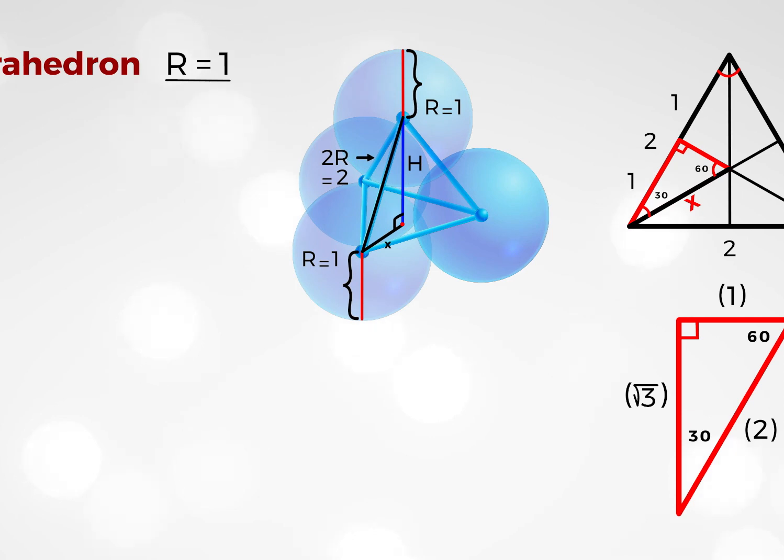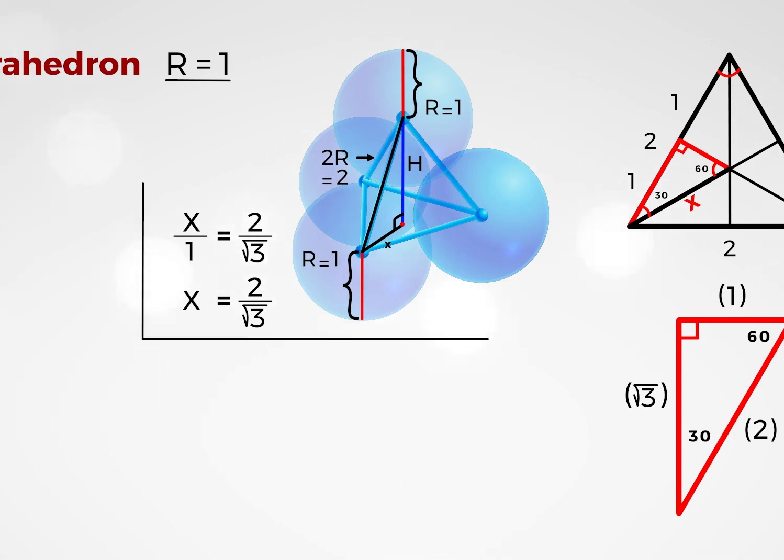So now we can use x and 1 and the ratios of those sides to figure out the value of x. So that means x over 1 is equal to 2 over root 3. And therefore x is equal to 2 over root 3. So now all we have to do is go back to this triangle and use the Pythagorean theorem to figure out the value of h.